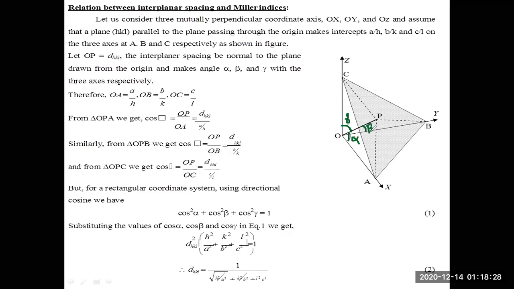So you can see how these angles have been formed with respect to the common origin, and each angle is measured with respect to the perpendicular distance OP. Now you can see how the angles are formed.